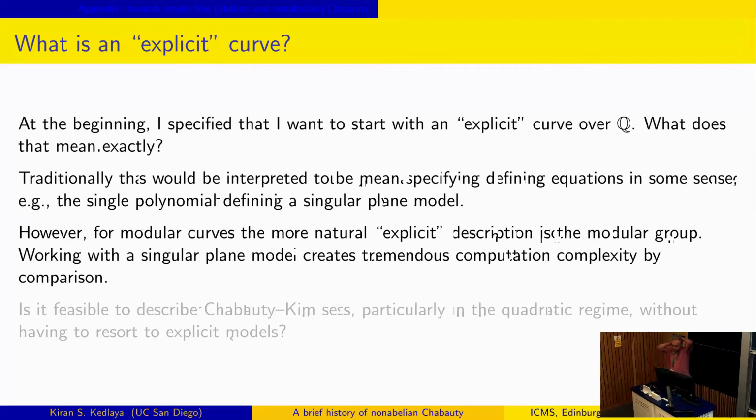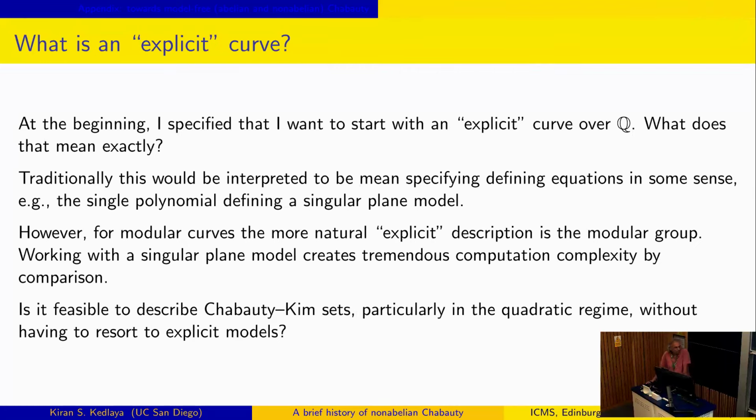They come to you with, say, the description as solving some moduli problem, or they're the quotient of the upper half plane by a modular group. There's lots of other explicit descriptions that are not singular plane models, and singular plane models are kind of a mess. They have very large coefficients compared to the length of the verbal description that I just alluded to. So this is not really a good point of view for modular curves.